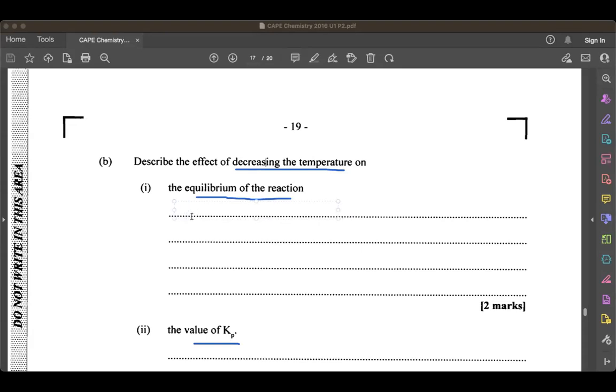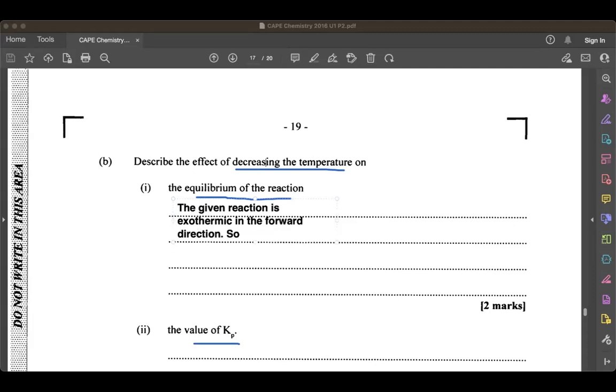So the reaction is exothermic in the forward direction.